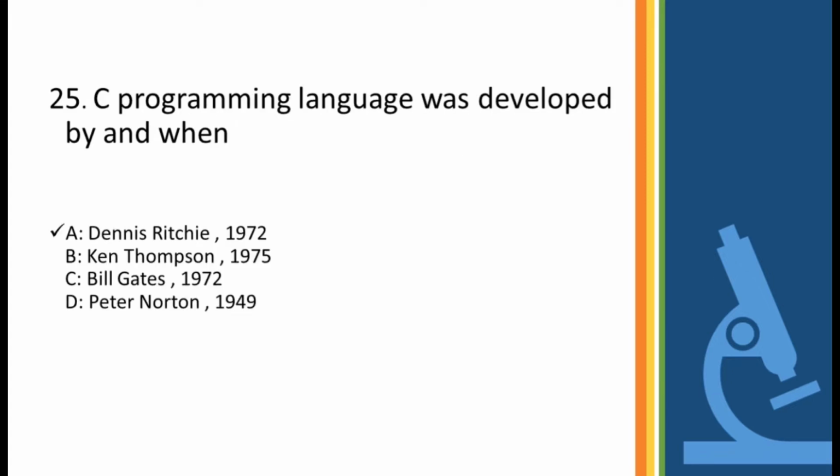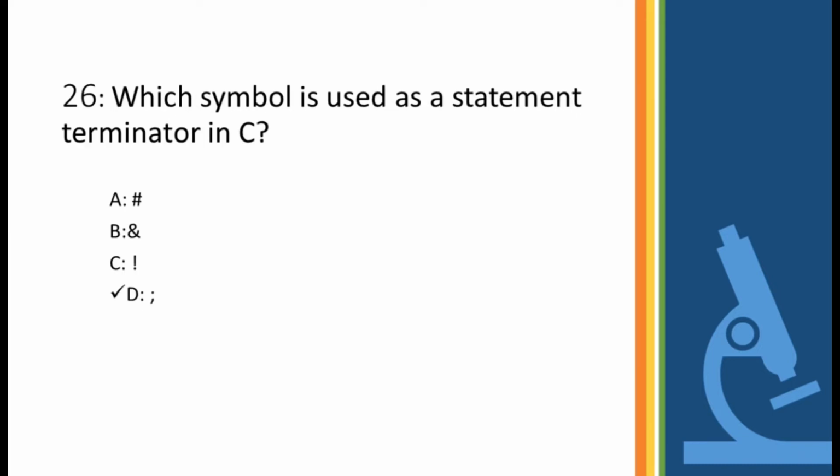C programming language was developed by and when? The correct answer is A, Dennis Ritchie in 1972. Which symbol is used as a statement terminator in C?